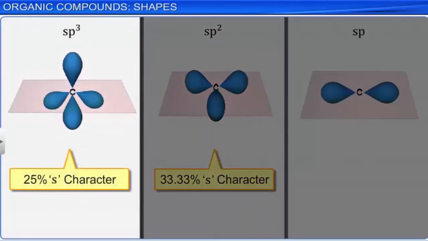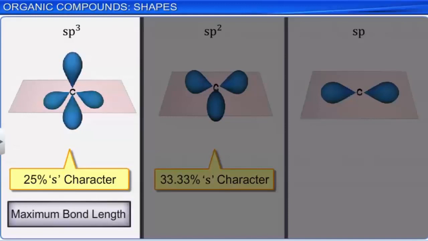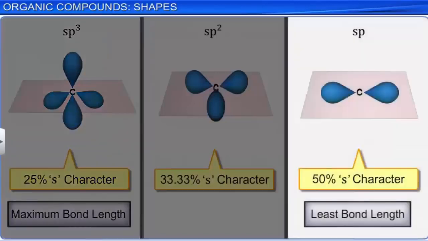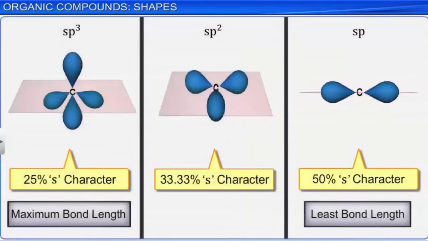Hence, the bond length is more in case of the bonds formed by sp3 than sp2 hybrid orbitals, and least in case of the bonds formed by sp hybrid orbitals. In sp2 hybrid orbitals, the s character lies between sp3 and sp hybrid orbitals. Hence, its bond strength and bond length is intermediate between them.